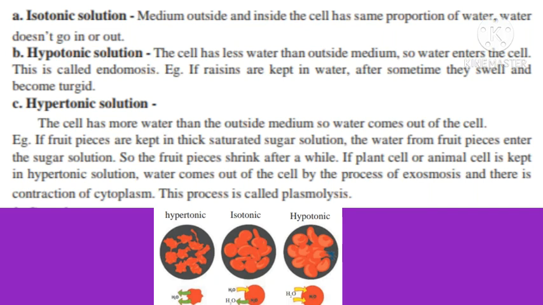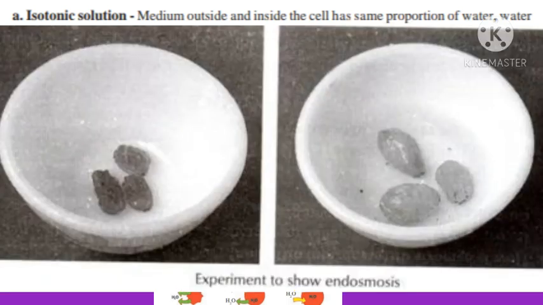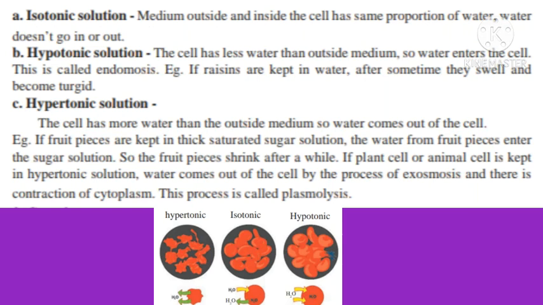Second, hypotonic solution. The cell has less water than the outside medium, so water enters the cell. This is called endosmosis. Example, if raisins are kept in water, after some time they swell and become turgid. So this process is called hypotonic solution.